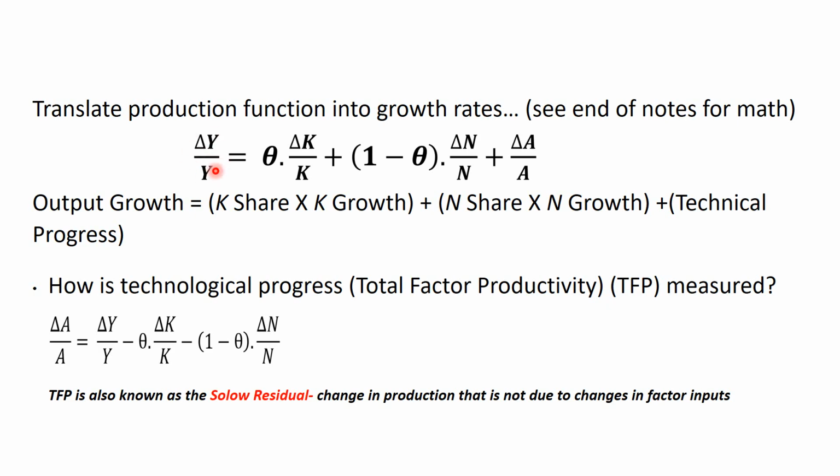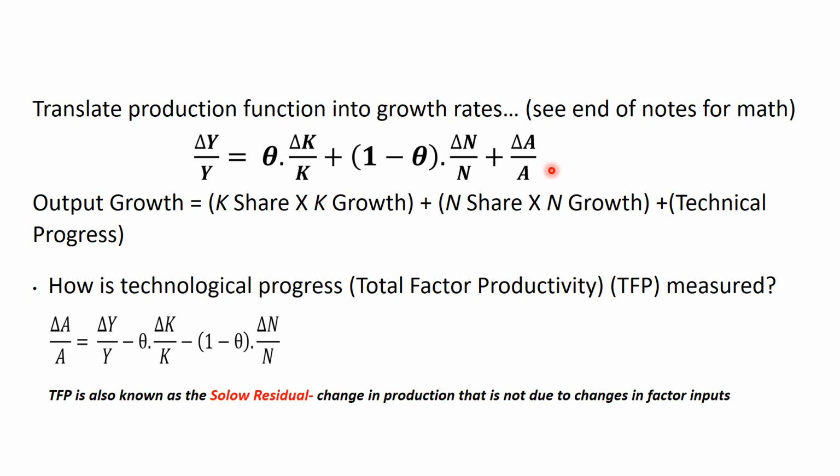It's measuring how much output changes from one period to the next. Here, change in K over K is measuring capital stock growth, and change in N over N is measuring the population size growth. Change in A over A is measuring technology growth. Okay, so this is essentially our growth accounting equation.